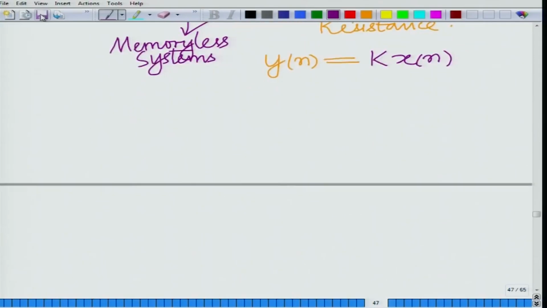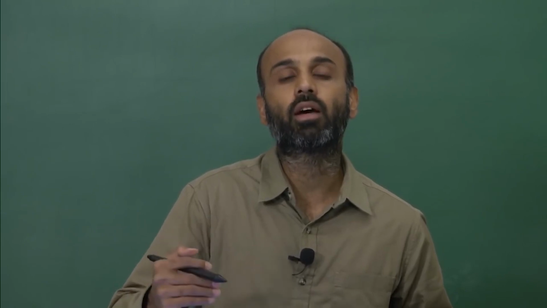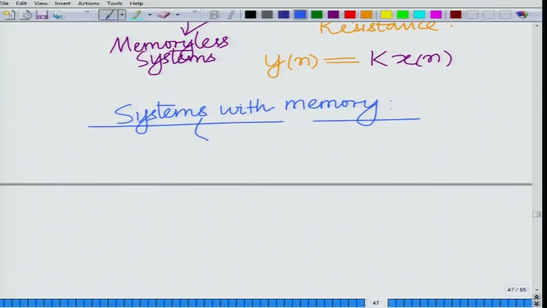On the other hand, systems with memory are the opposite of memory less systems, and in these the output depends not only on the input at the current time instant, but also on the inputs at the past time instants.